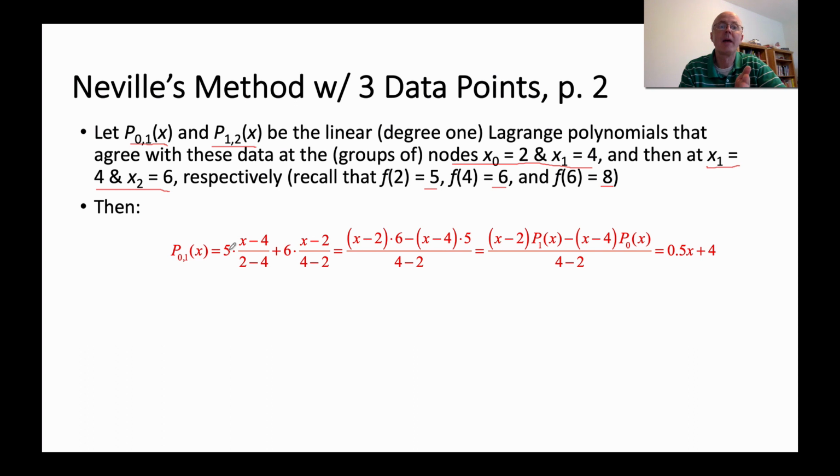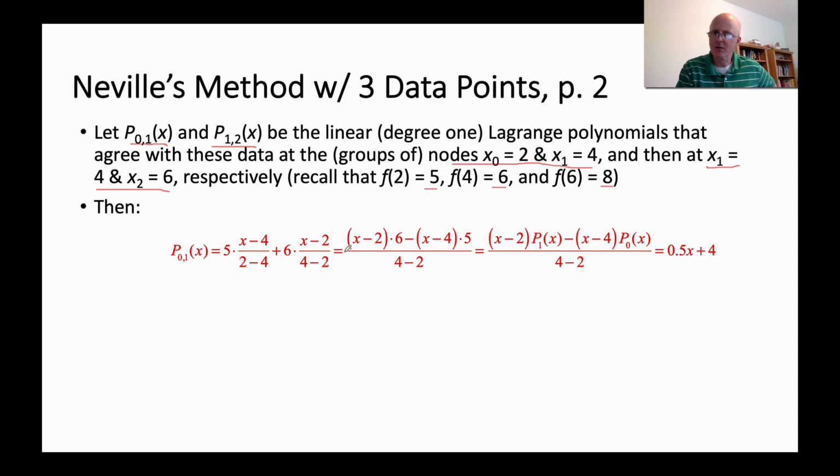It equals the original function when x equals 2 and is 0 when x is 4. On the other hand, this term right here is 0 when x is 2 and 6 times 1, which is 6, when x is 4. This term agrees with the function at the 0th node. This term agrees with the function at the 1st node.